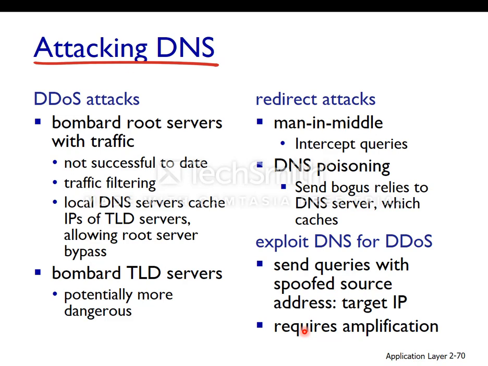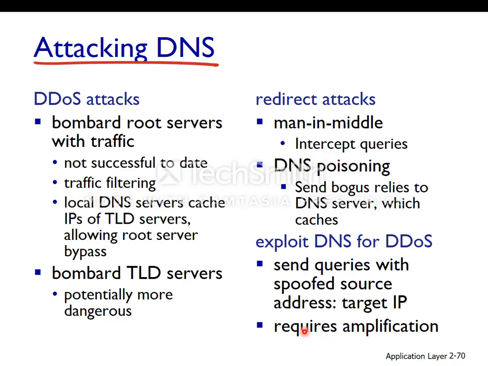Another way has been to bombard the top-level domain servers. This is potentially more dangerous, but most of these have largely not succeeded. And then there are redirect attacks. In this case, you might have a man in the middle, and this man in the middle, say you have Alice and Bob trying to communicate.